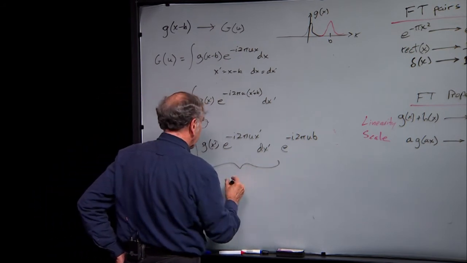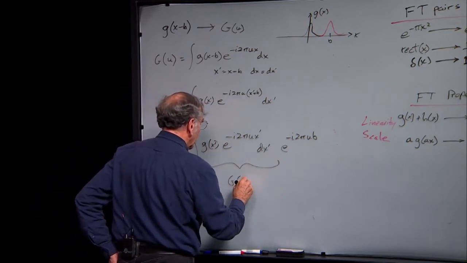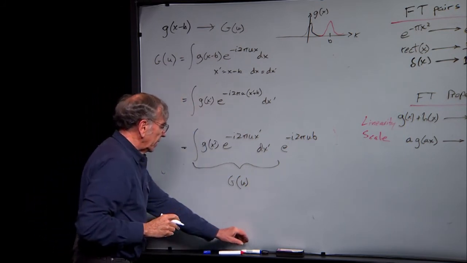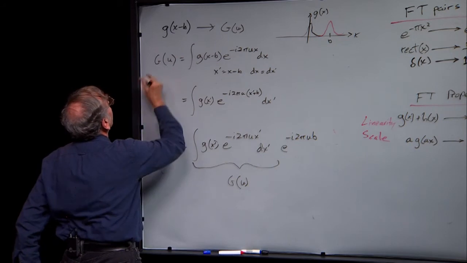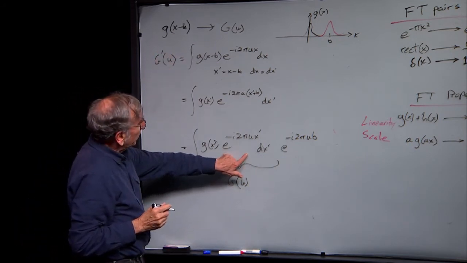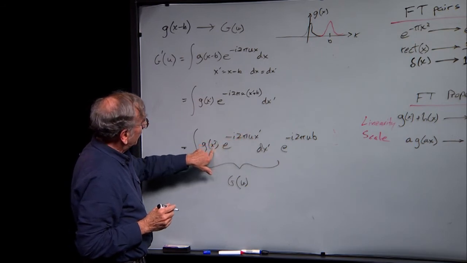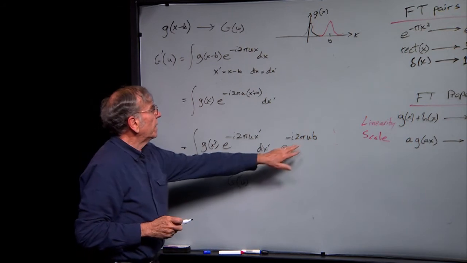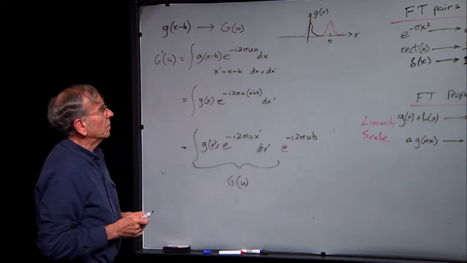This is our old friend, big G of u, that's the original Fourier transform of g of x. And then this is an extra term, a complex exponential.